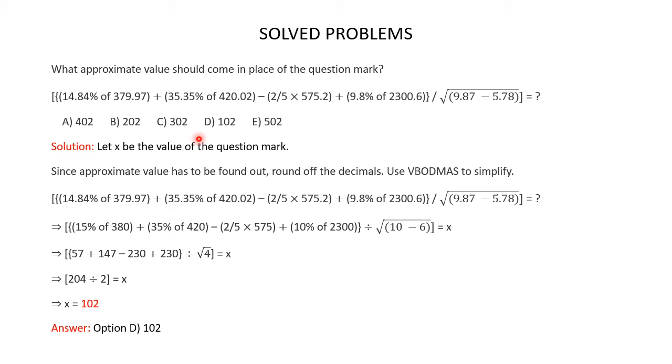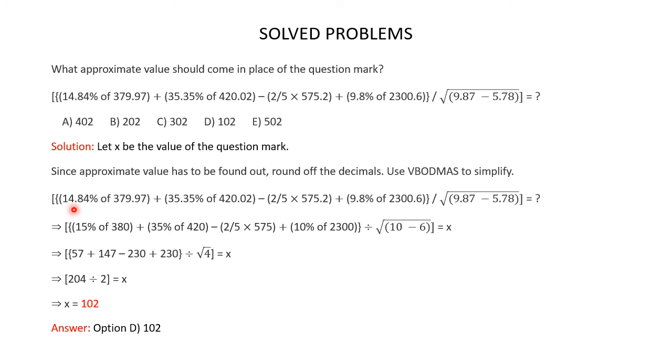Now here you are given 5 answer options and you have to find out which of these answer options is correct. So let x be the value of the question mark. Since approximate value has to be found out, first round off the decimals. Then use BODMAS to simplify.